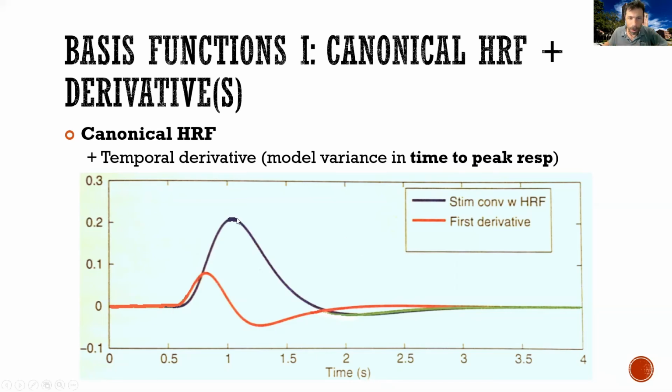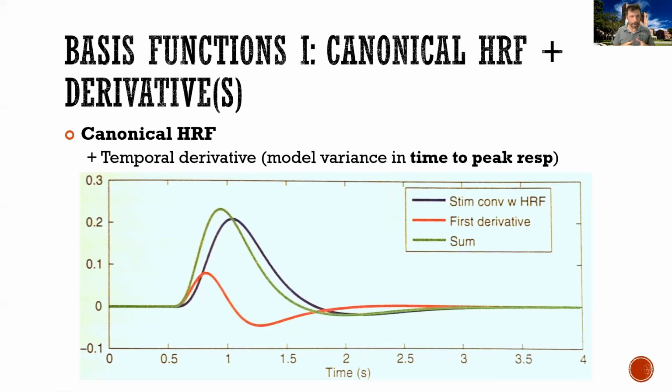So as I said, we use the canonical plus the first derivative, or the temporal derivative. The result is that, for example, if somebody has a slightly quicker or faster rise in their HRF, then there will simply be a greater value in the first derivative, and that plus the canonical HRF will result in that one participant's specific HRF.